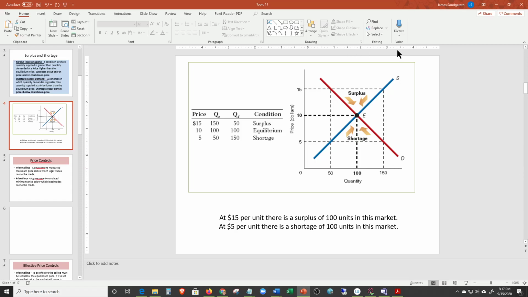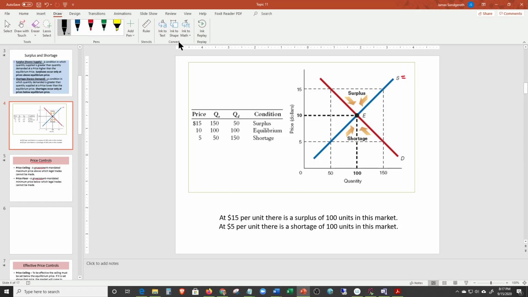I wanted to say that in a competitive market, the supply curve is equal to, I'm going to use the sigma sign here, which means the sum of all the firms in the market's marginal cost curve.